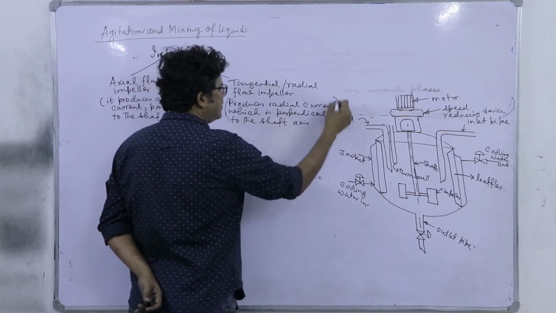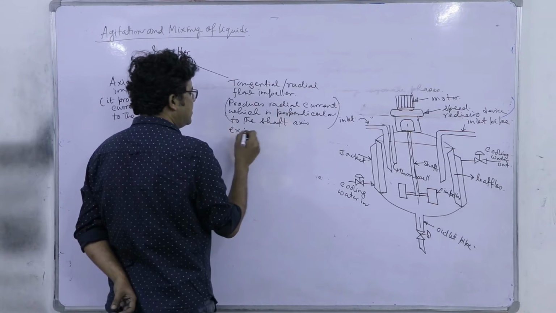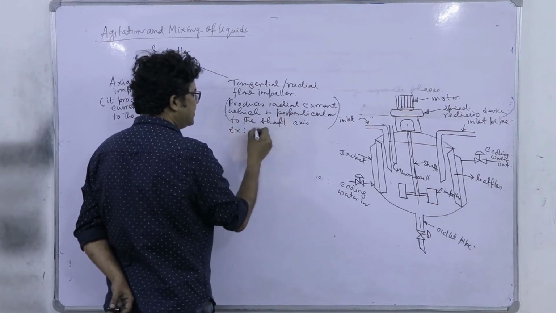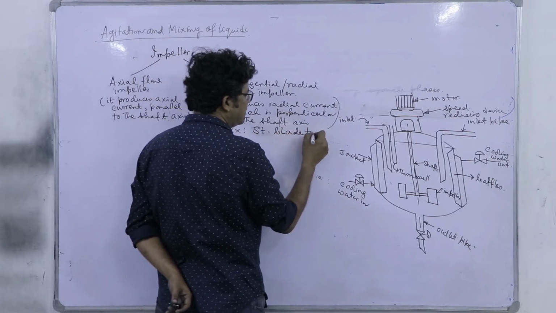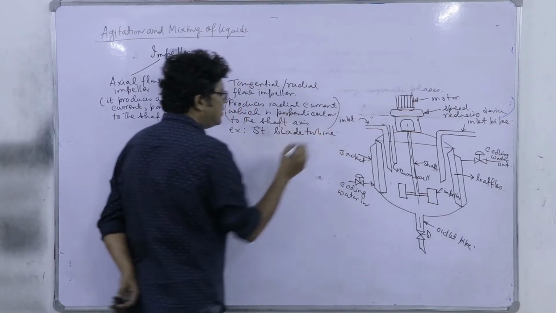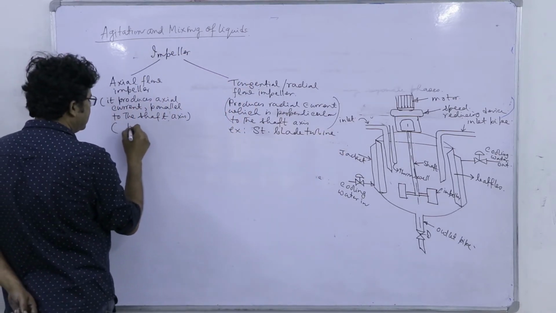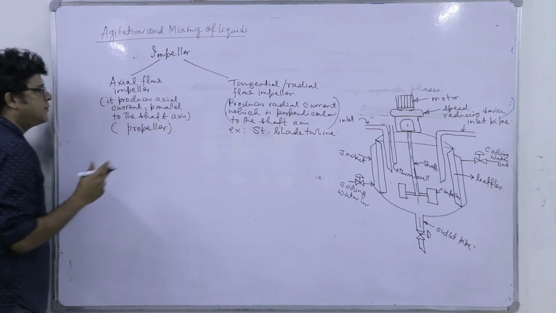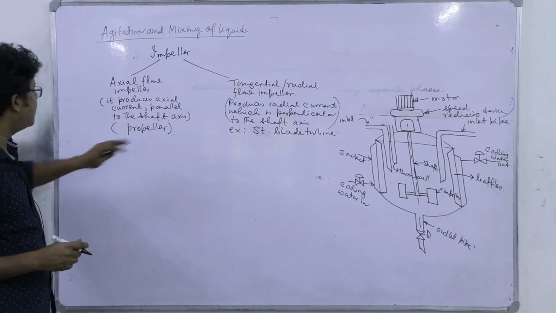Examples of the tangential or radial flow impellers are most of the turbines, such as the straight blade turbine, and for the axial flow type it is the propeller. So, we have to distinguish between these two types, and let us first focus on the propeller.